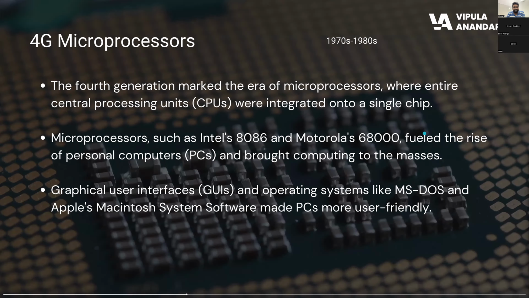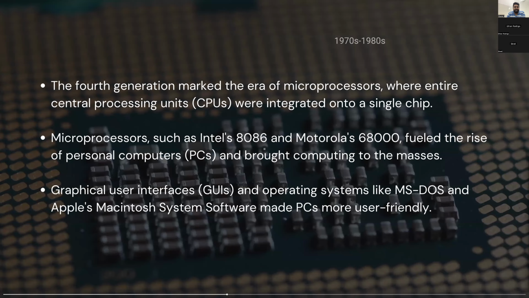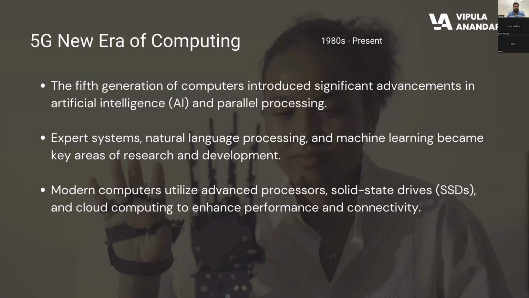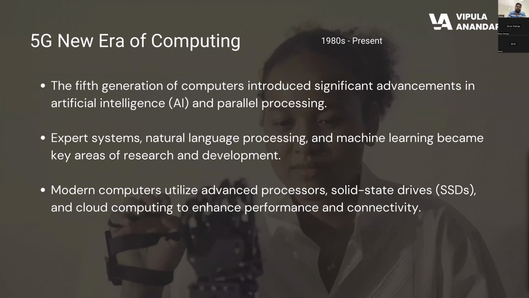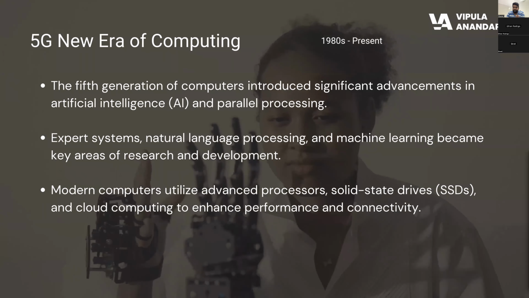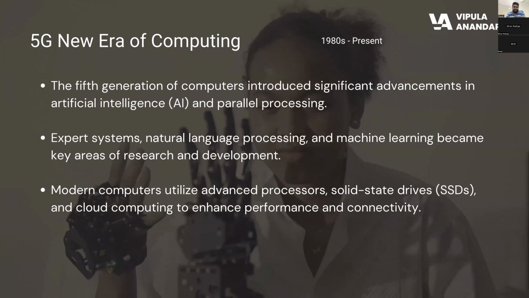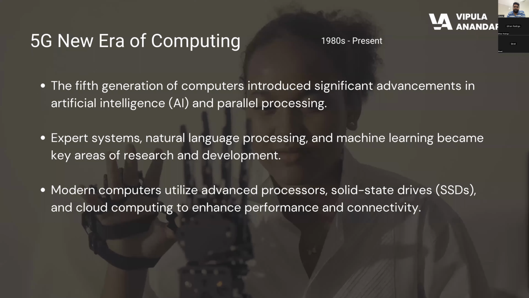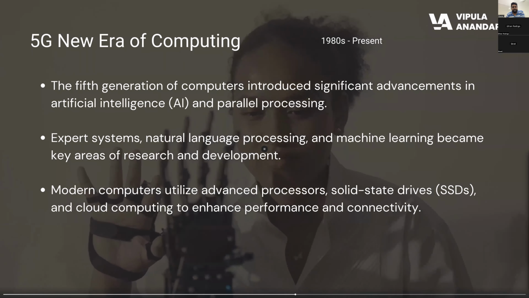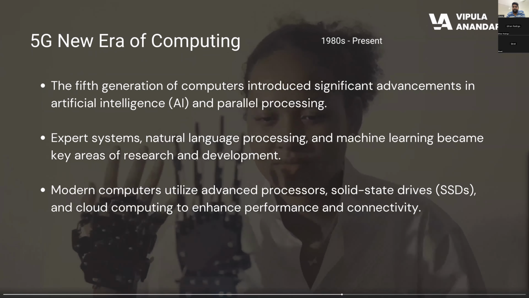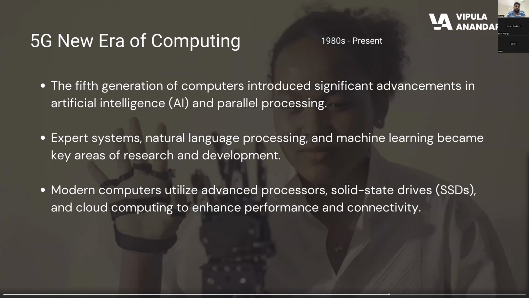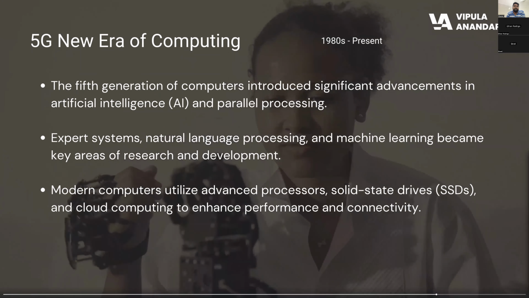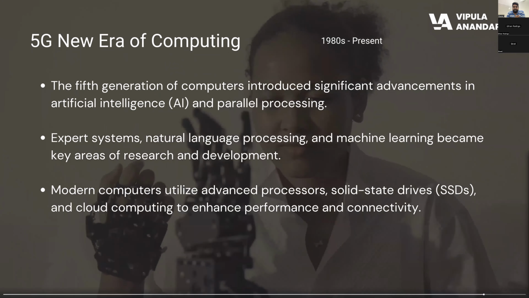So we were discussing the 4th generation, and now we have the 5th generation, which is the current era of computing. That is after the 1980s. The 5th generation of computing introduced significant advancements in artificial intelligence, AI, and in parallel processing.